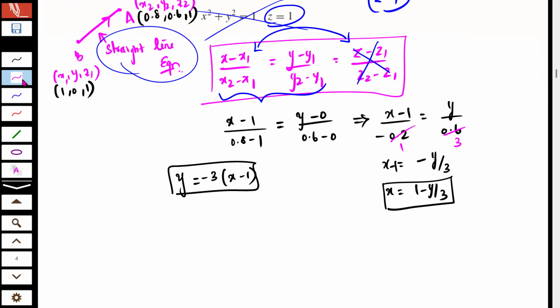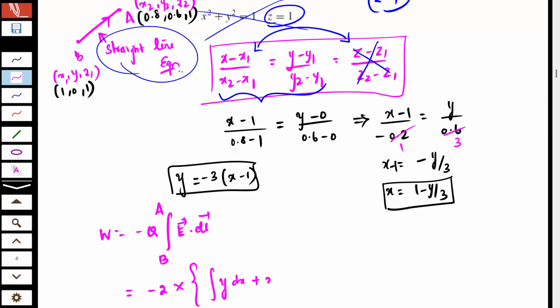So let me write the formula for work done, which is minus q line integration E dot dl from point B to point A. So the charge q is minus 2, and the integration I can repeat because we have E dot dl, which is the same in this case. That is y dx plus x dy plus 2 dz.